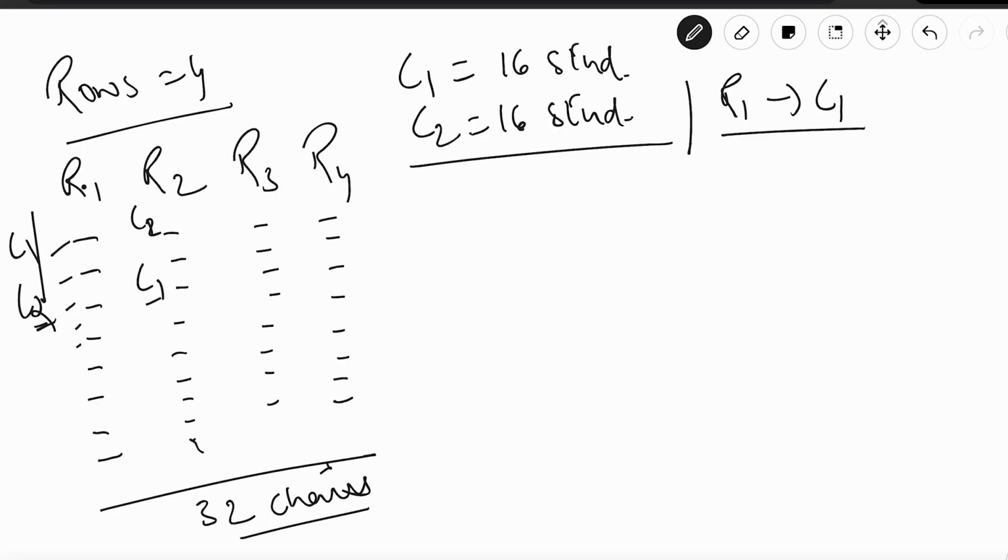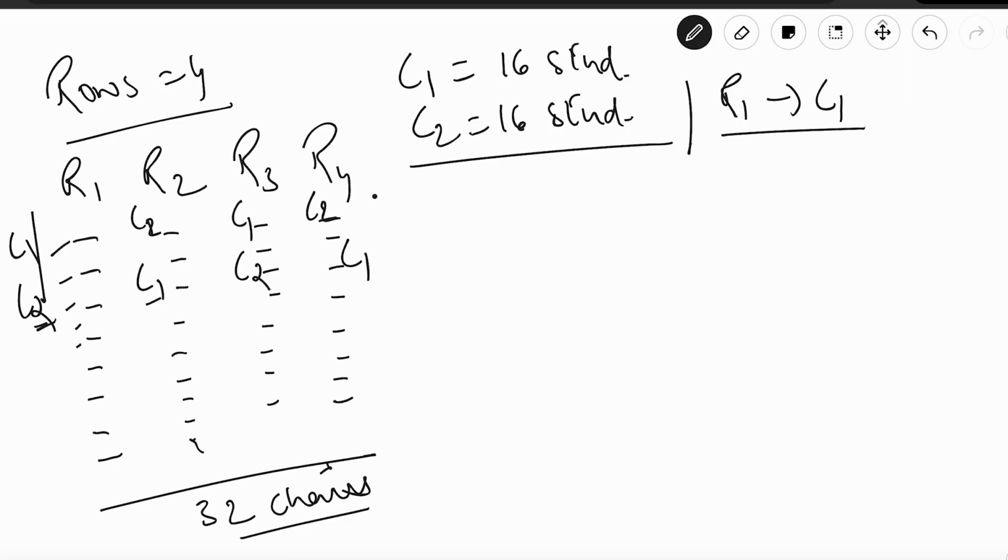If C1 is allocated R1, then automatically C2 is allocated R2. Since C2 is at R2, C1 comes in R3 and then C2 comes at R4. If R1 is allocated to class 2, then R2 is allocated to class 1, row 3 is allocated to class 2 and row 4 is allocated to class 1.